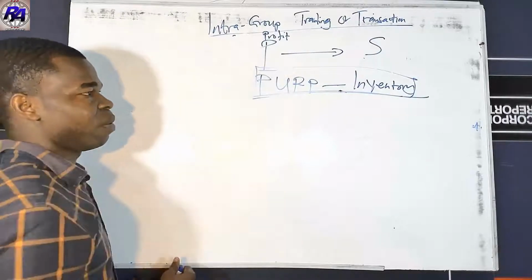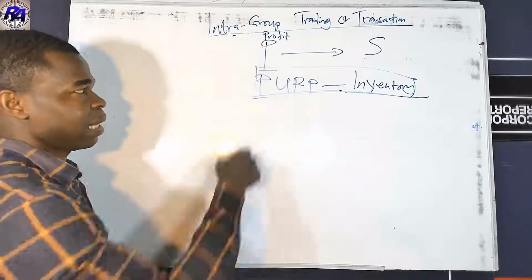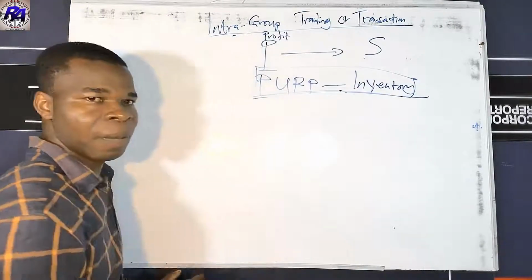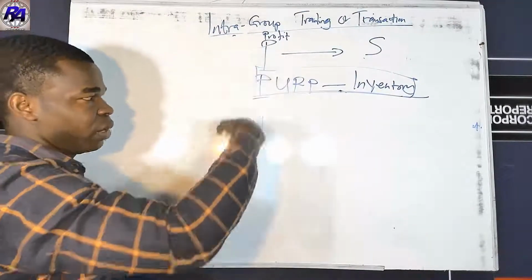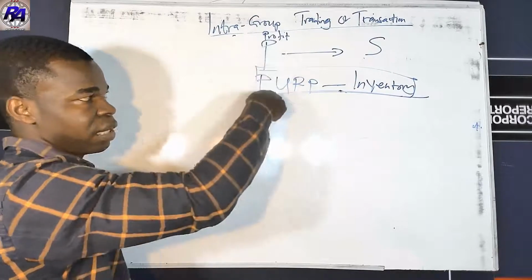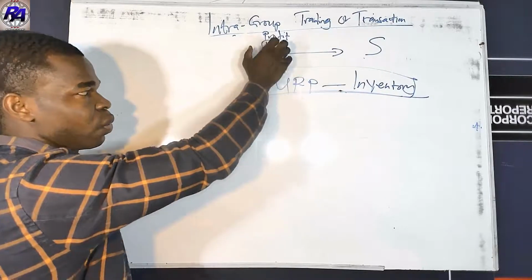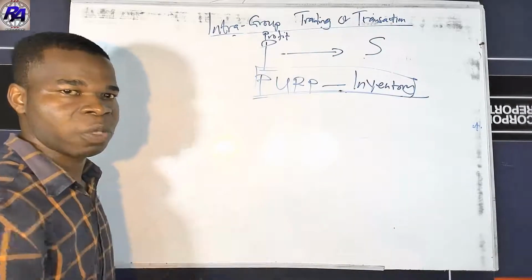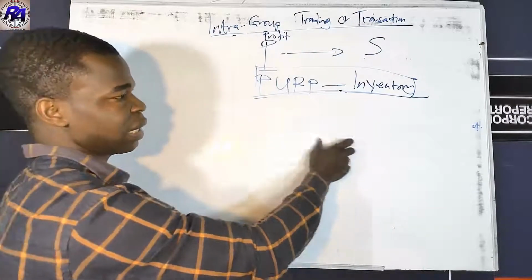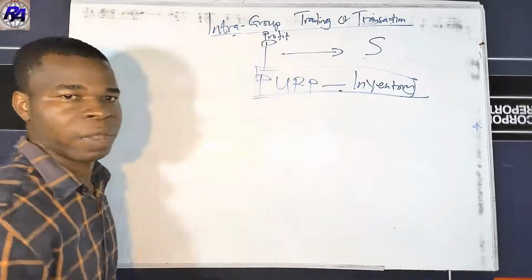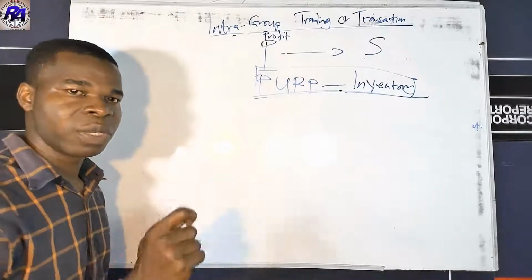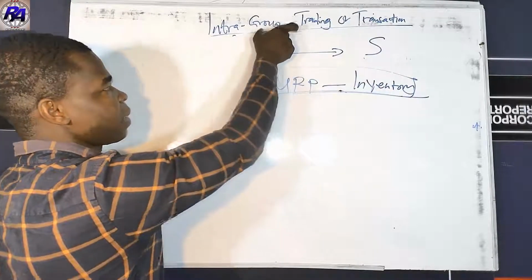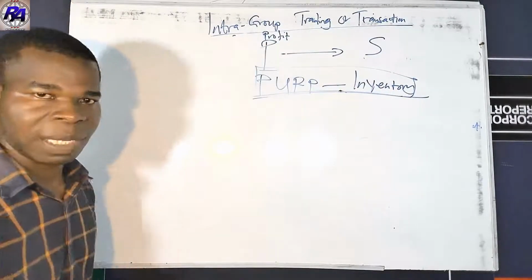When you are preparing your group accounts, that particular unrealized profit does not affect the subsidiary, because the parent is a separate entity which forms part of the group. So if the parent sells to the subsidiary, there's no need for apportionment between the retained earnings and the NCI holdings. The NCI holdings do not partake in the sharing of unrealized profit anytime the parent is the one selling to the subsidiary.